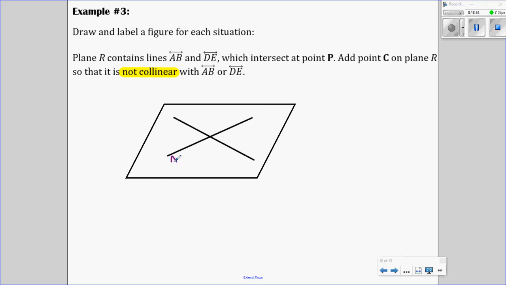So I've got AB, and then I got DE, and then they intersect at point P. All right, got the first part.